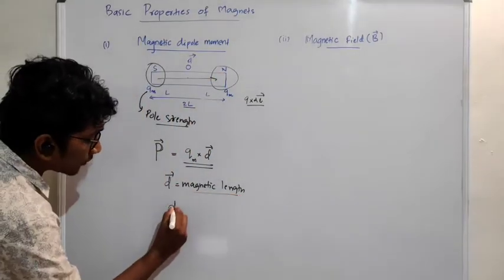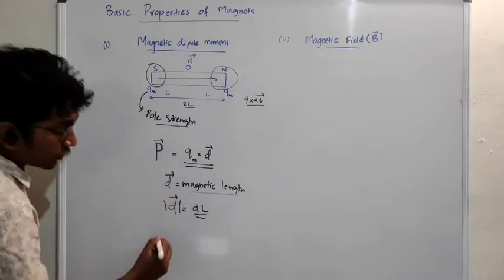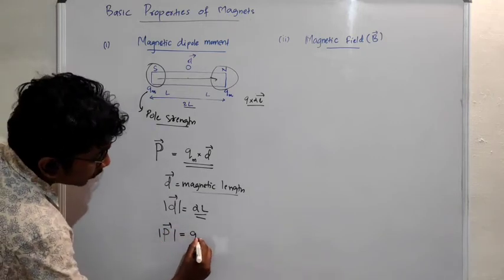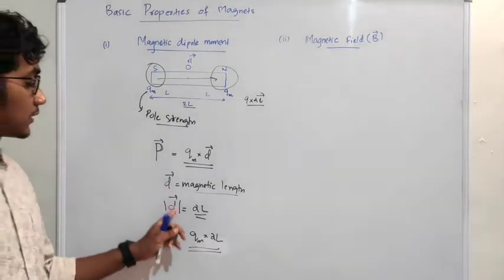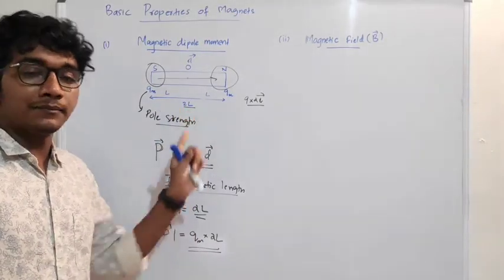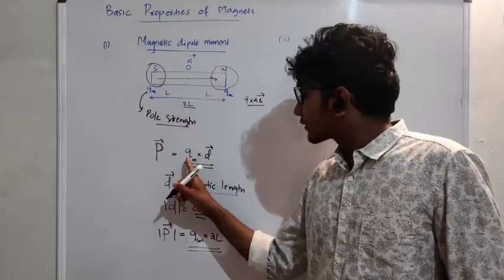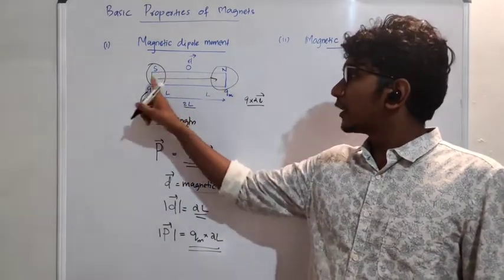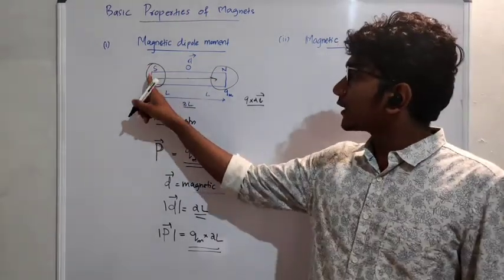The magnitude of magnetic length D is nothing but 2L. So you can write the magnitude of magnetic moment P as Qm into 2L. This is magnetic dipole moment, or magnetic moment. It is the product of pole strength and the length vector from south to north, where 2L is the magnitude and the direction is from south to north.